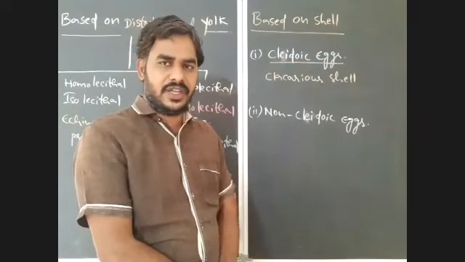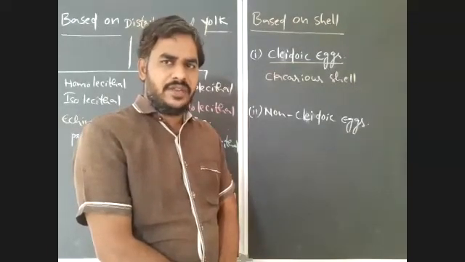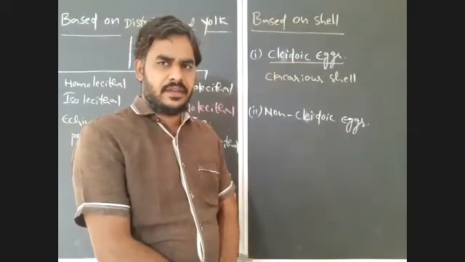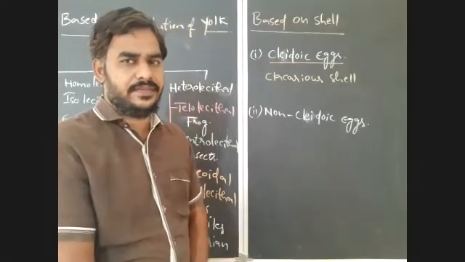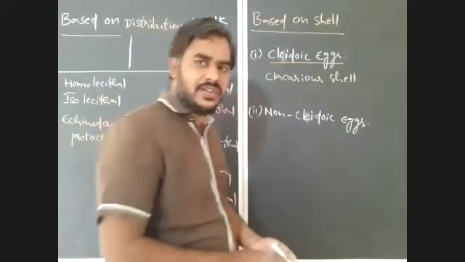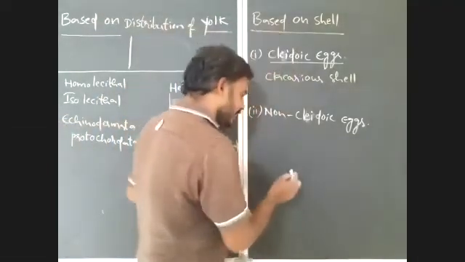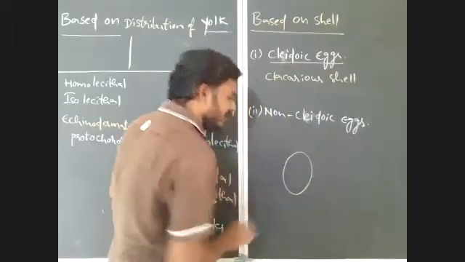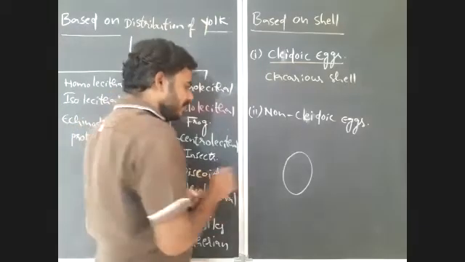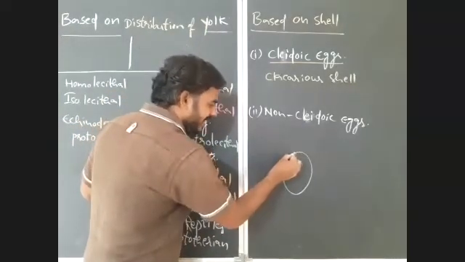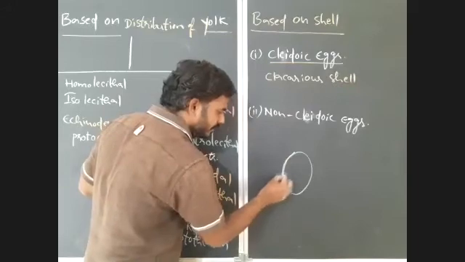Is it clear about this? In which type of animals are cleidoic eggs present, and in which type of animals are non-cleidoic eggs present? And the nature of this shell we also have to notice here. For example, if it is an egg, and around this egg a calcareous shell is present.